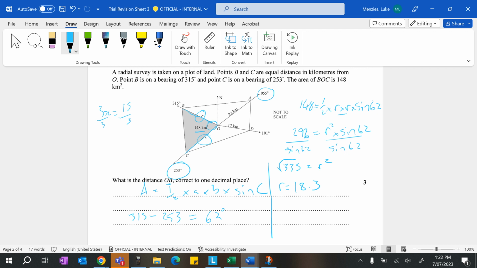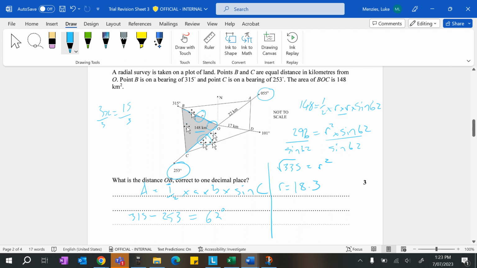While we're still going, we haven't actually answered the question, because we've got to find the distance from O to B, and how are we going to do that? What can we use? Oh no, that is the answer. 18.3.